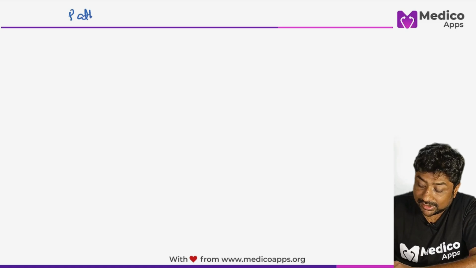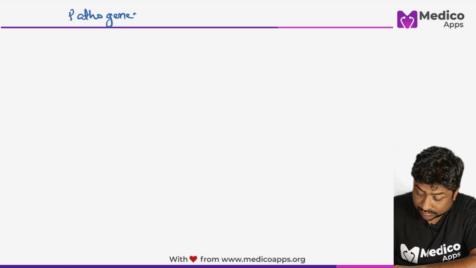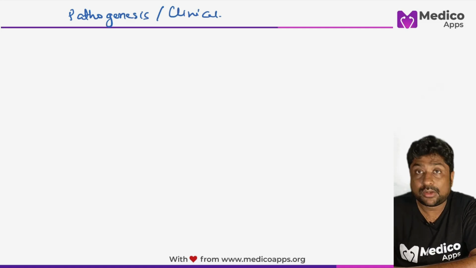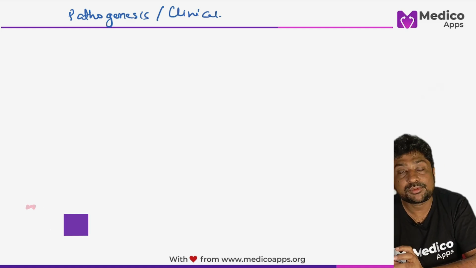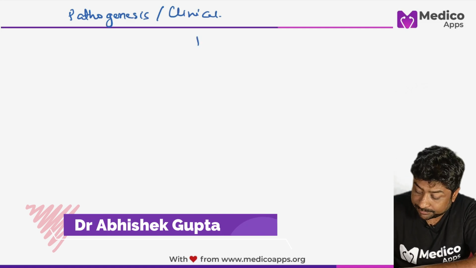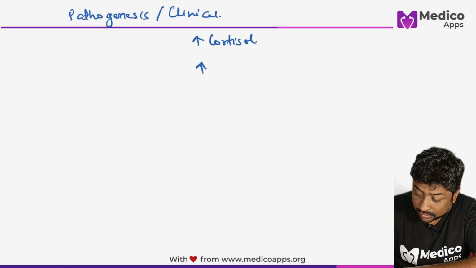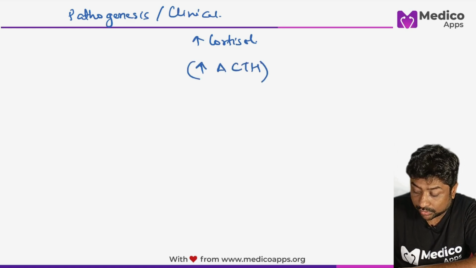Let's look at the clinical features and pathogenesis. I will discuss both together. Remember, there are two mechanisms by which the pathogenesis is manifested. Number one is increase in the cortisol level, and in some of these cases there will also be increase in adrenocorticotropic hormone.